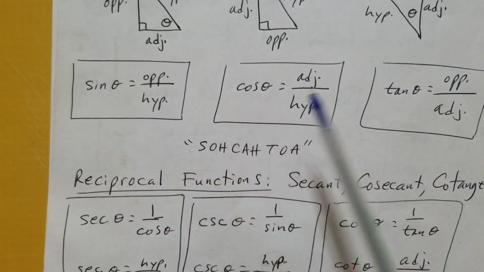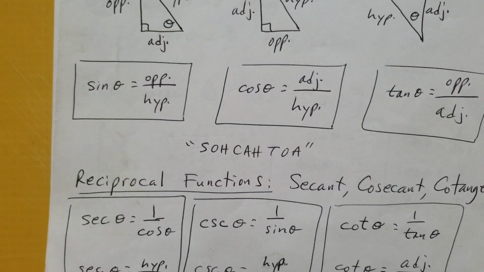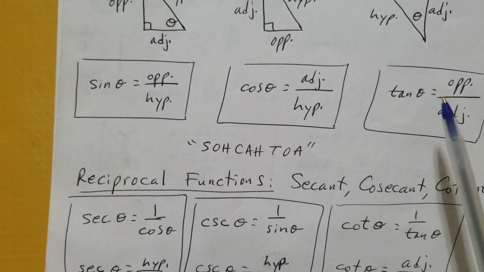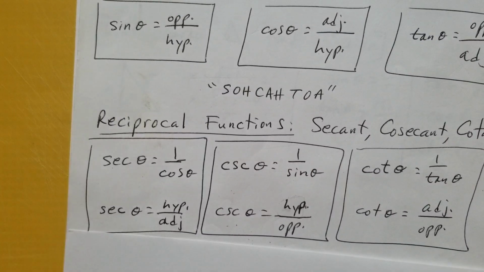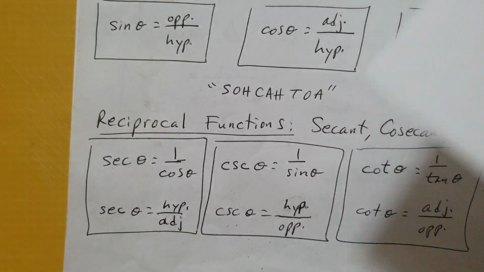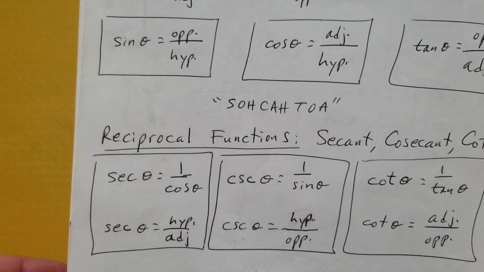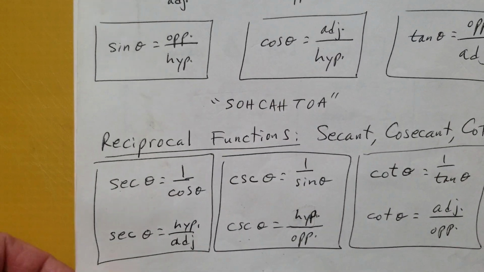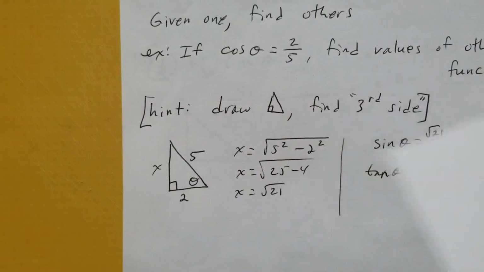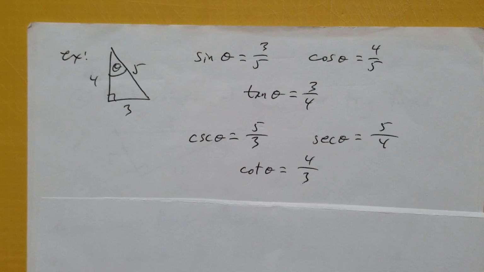If you memorize these 3, of course you're going to know these 3, because they're just the same ones flipped over. Okay, so there's 6 of them. All right? Okay, those are the 3 trig functions and their reciprocals. Moving on. I know I did that fast. Let's use numbers now.